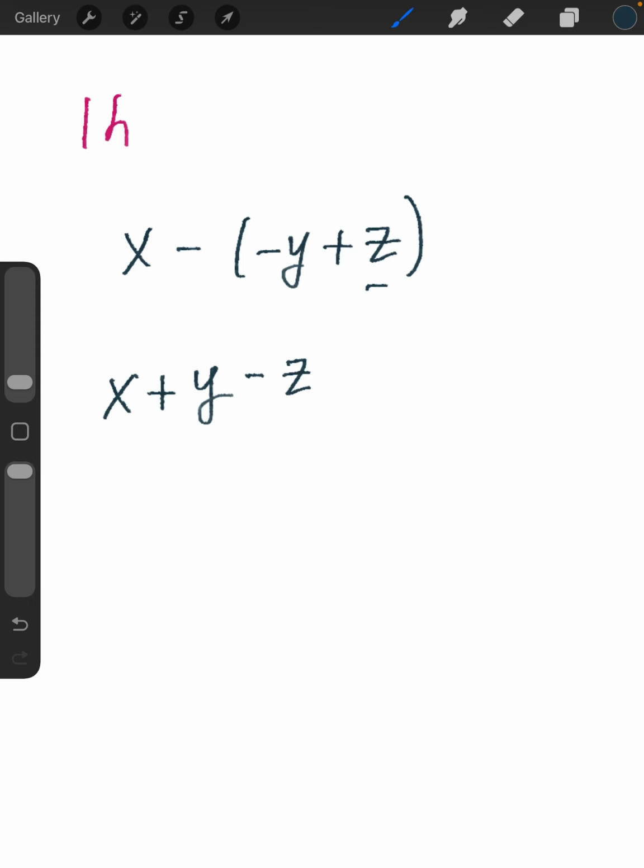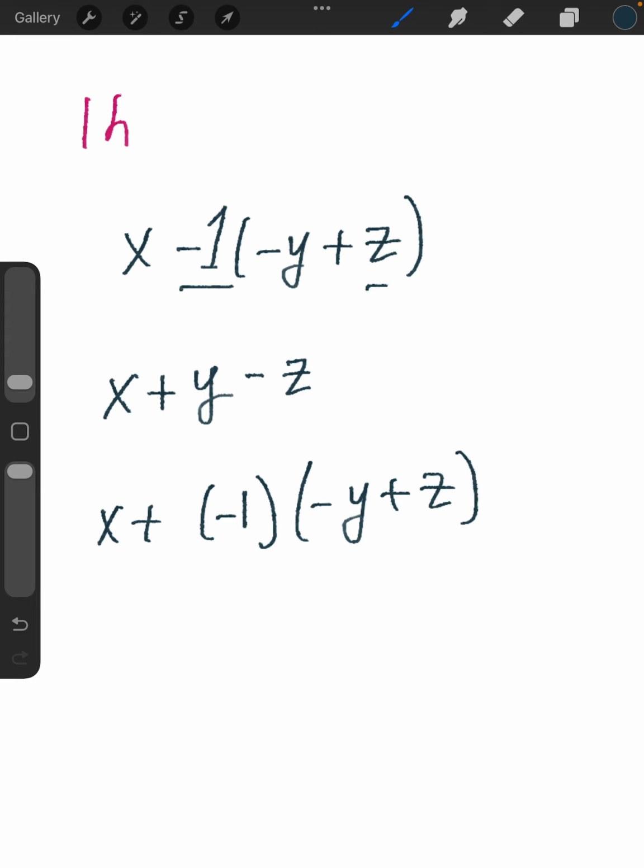Okay, now if we imagine that this space here is occupied by a negative 1, just like I showed you before, then we could rewrite this expression as x plus negative 1 times negative y plus z, right? And for some of you, this may be an easier way of thinking about it.